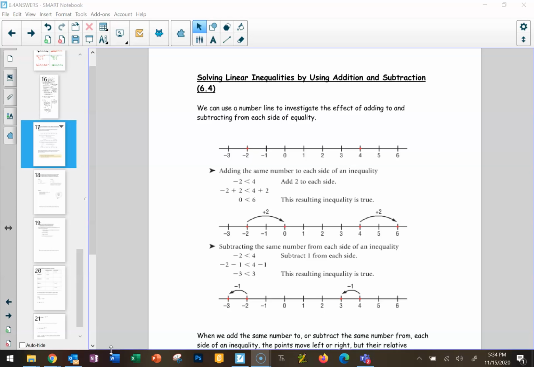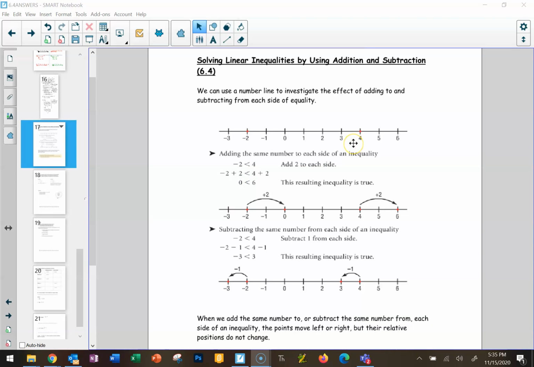So if we use a number line, and we have actually looked at this a bit in 6.3, we start out with two numbers and just make a statement, an inequality. -2 is less than 4. We know that's true. And if we add the same number to both sides, we note that the jumps are the same and in the same direction, which means the resulting inequality is never going to change.